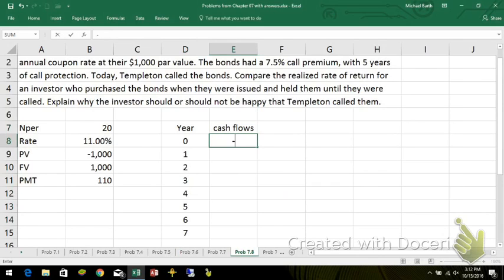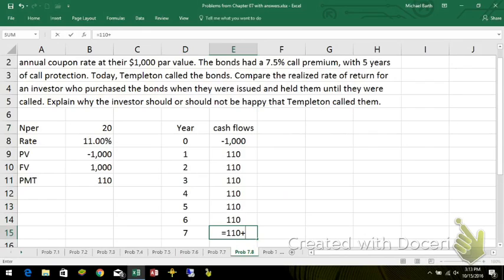The investor took $1,000 out of their pocket at day one and then got $110 a year for each of 7 years. And then at the end of the 7th year, they also got the return of principal and the call premium.